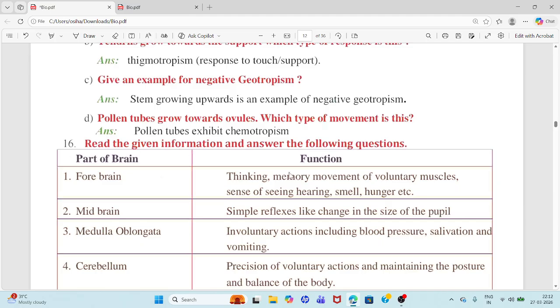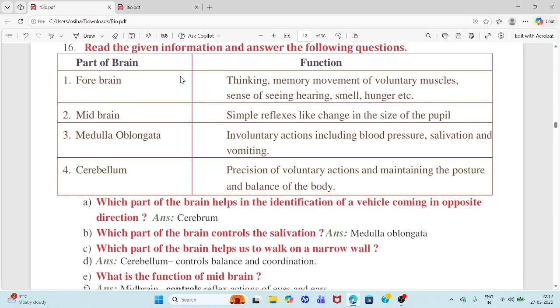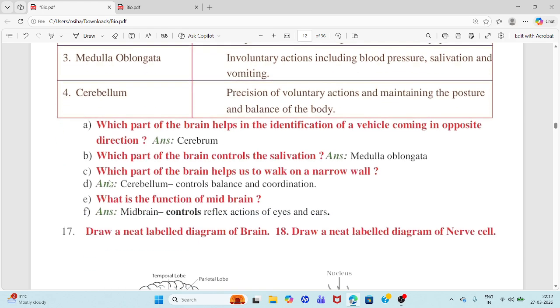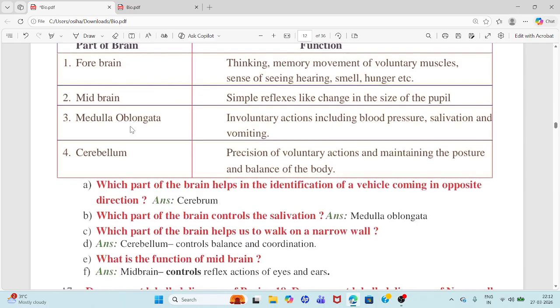16. Read the following information and answer the following questions. Here parts of the brain are given, and here functions are given. So now read this question and answer. By reading this table, you are going to answer these questions. A. Which part of the brain helps in the identification of a vehicle coming in the opposite direction? Answer: cerebrum. B. Which part of the brain controls salivation?